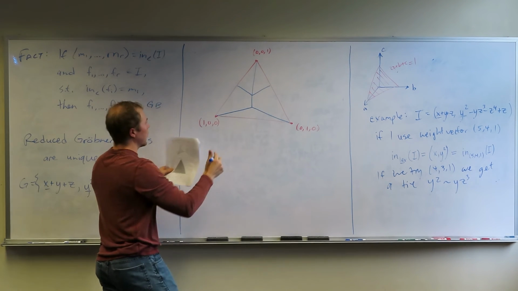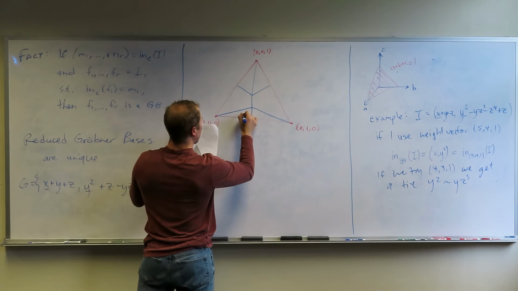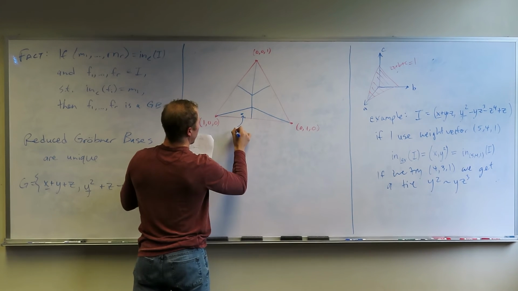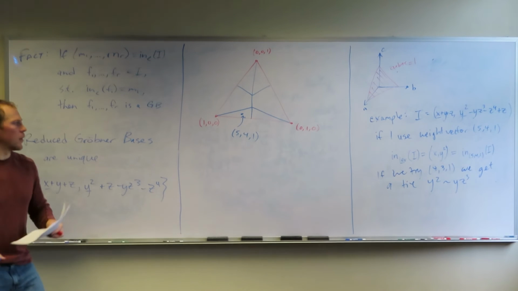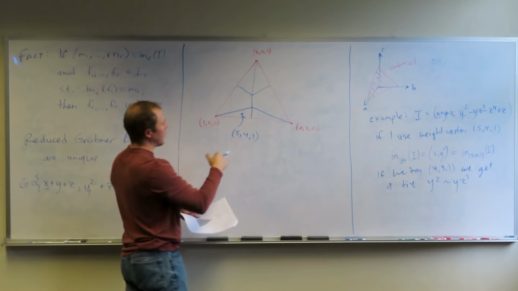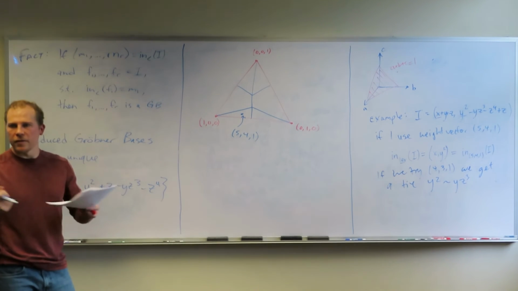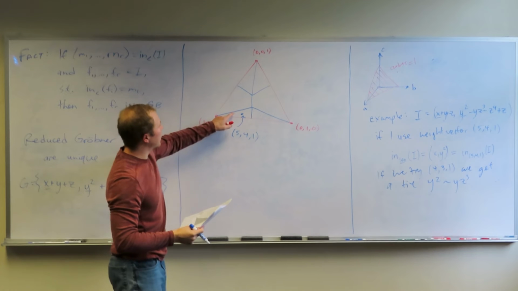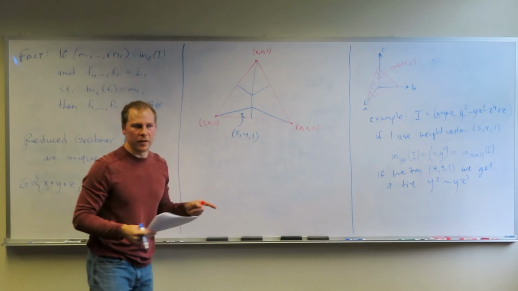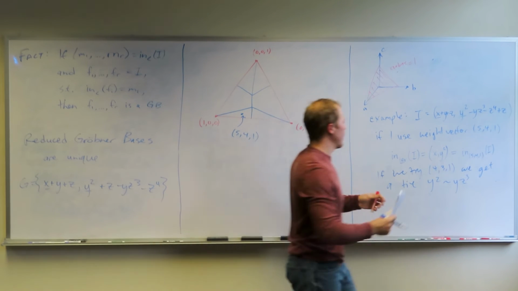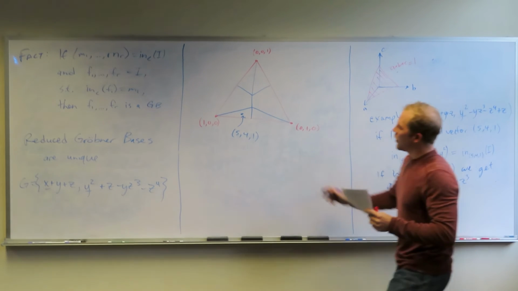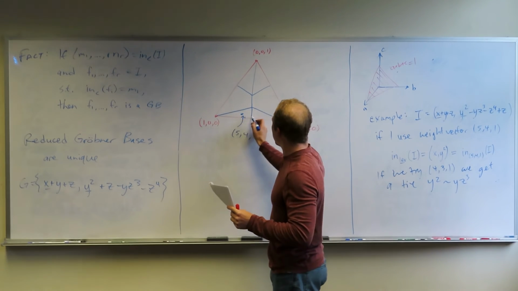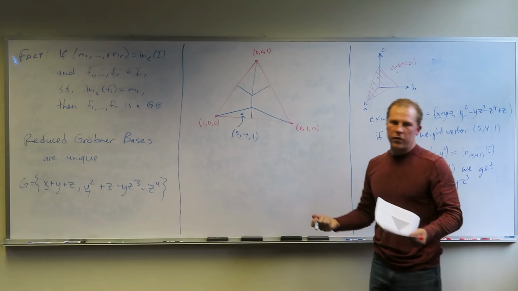Okay, so 5, 4, 1 ends up being right here. Again, you can really think of this as 5/10, 4/10, 1/10, but it's equivalent. And that means that this cone here corresponds to Lex, right? Because we saw that 5, 4, 1 agreed with Lex in its initial ideal. And so all of the weight vectors in here will give me Lex order.